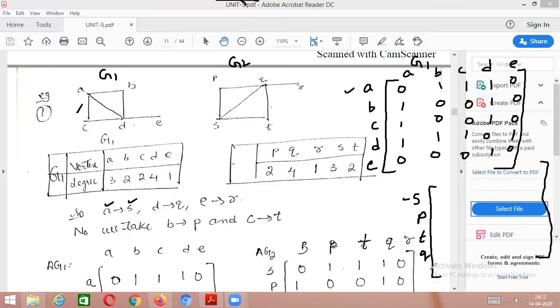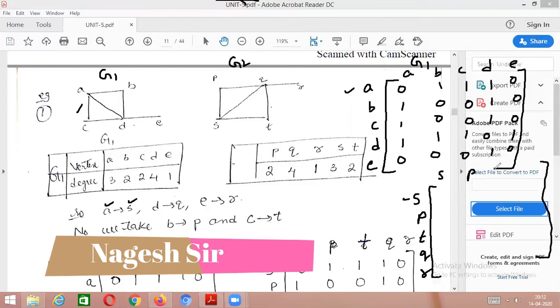R, so you have to take R. So you don't depend on the PQRST order. You have to depend on the degree sequence. So A, B, C, D, E, with the corresponding same degrees. So S, P, T, Q, R.